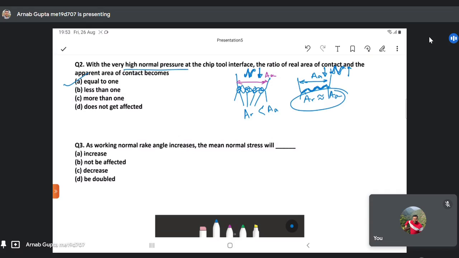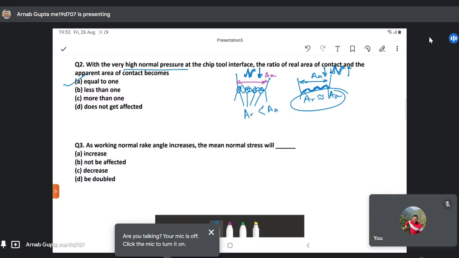Okay, so why are we reading this particular phenomenon here?